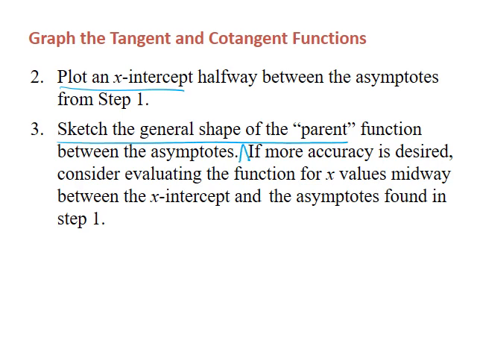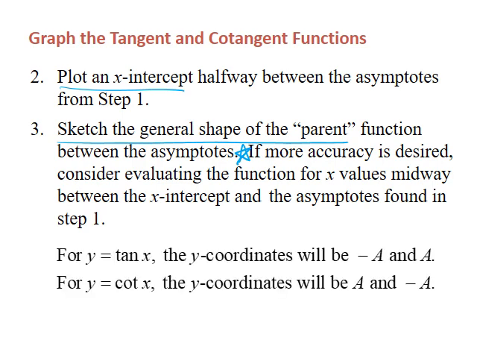I'm not worried about any more accuracy than this. We're just going to keep it simple as long as you know the basic shape that the graph takes. Okay, so basically the rest of the video is just me showing you different examples of how to do this.